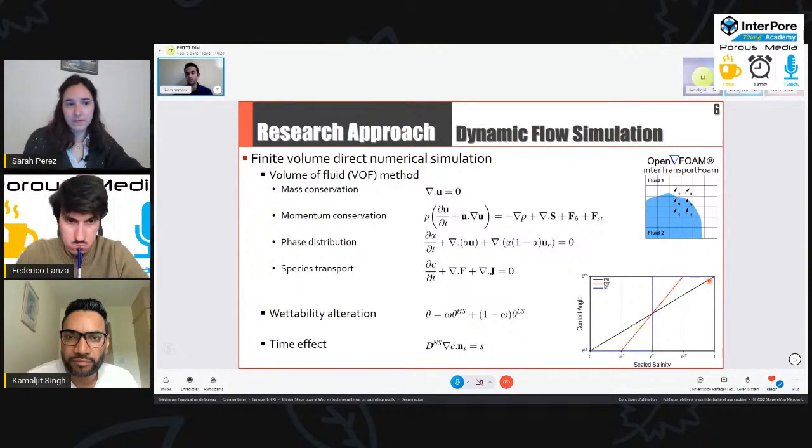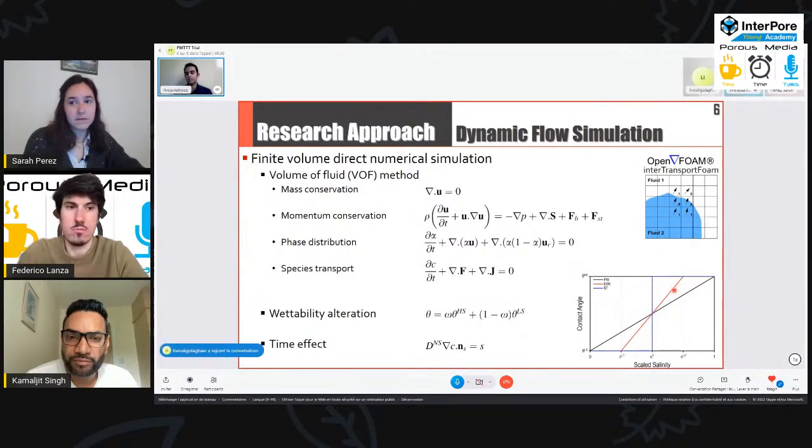In most of the studies, the wettability alteration model is linear, and it changes linearly from the higher salinity to the low salinity, which you can see in the black line is the full range interpolation, or the FRI. But we have implemented different models.